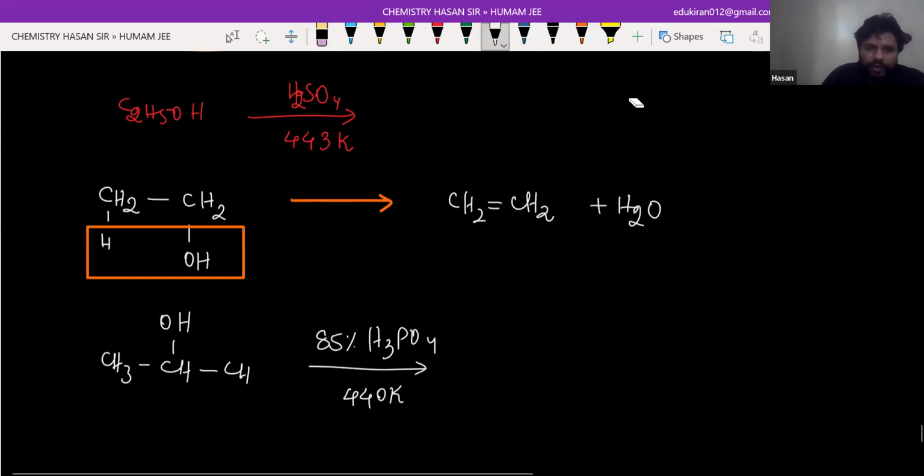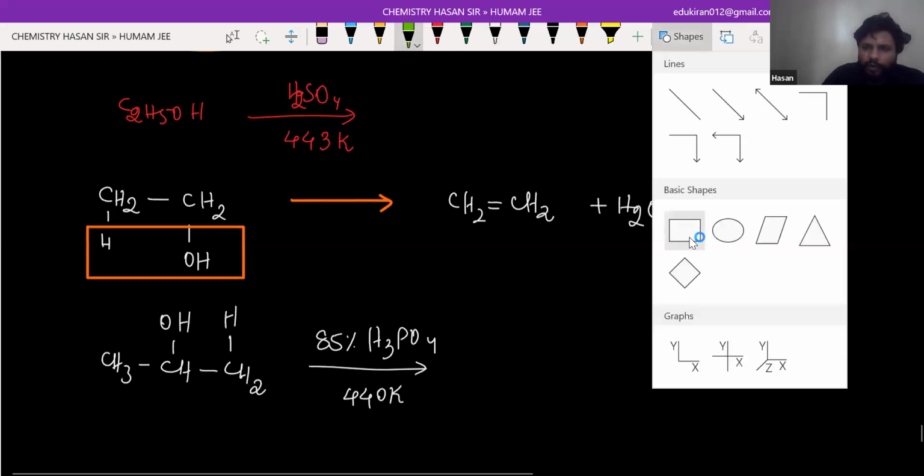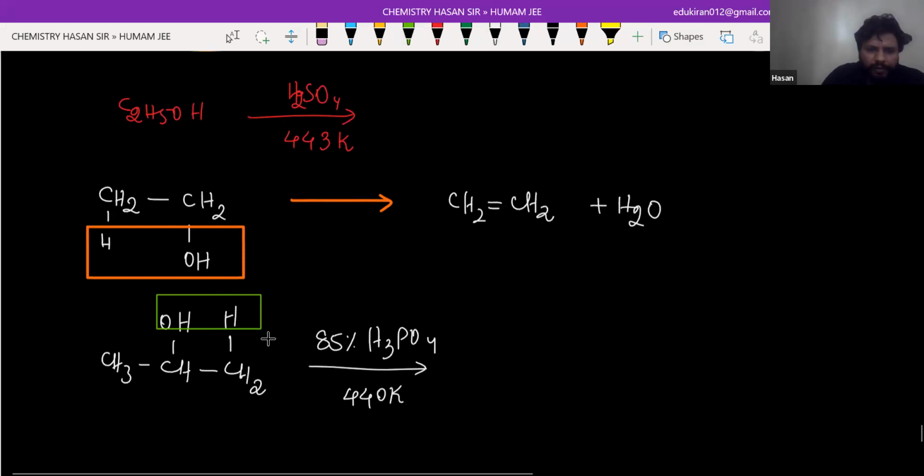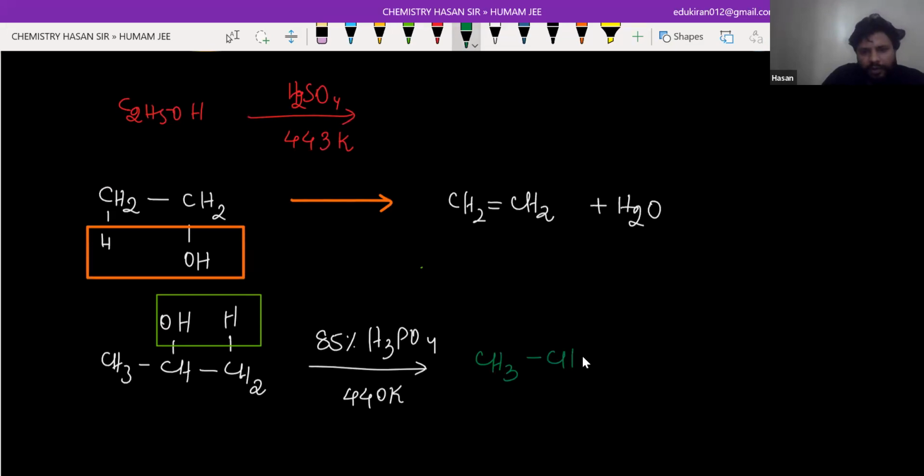So you can see there will be CH3 and H, and you are just going to remove this H2O molecule. So you will get CH3CH double bond CH2, and H2O will be eliminated.